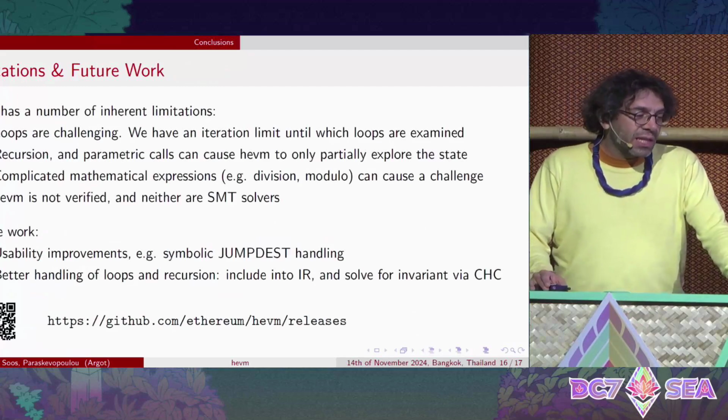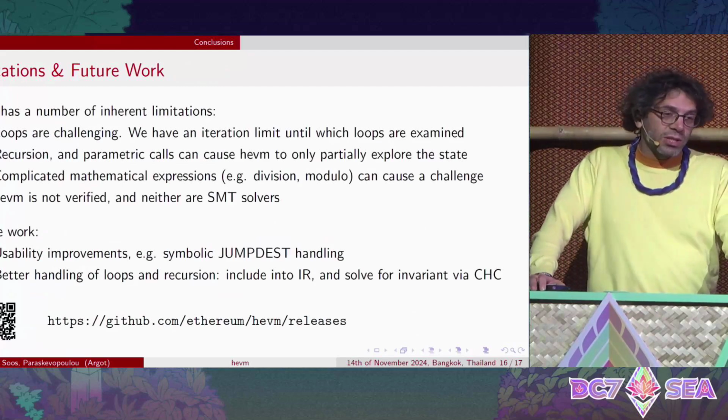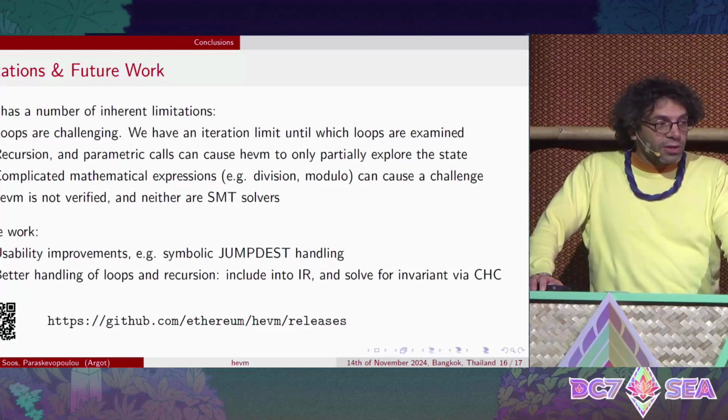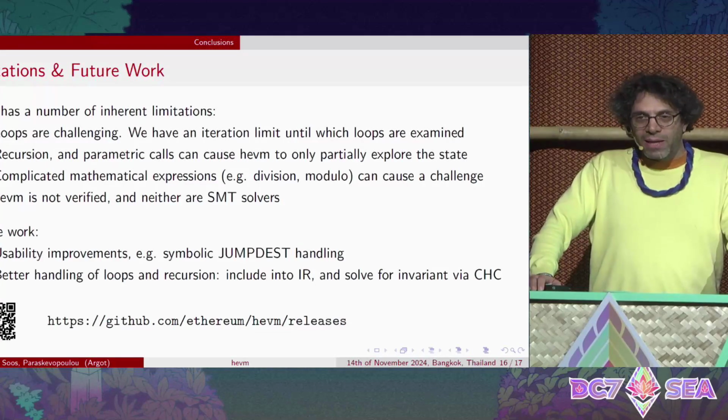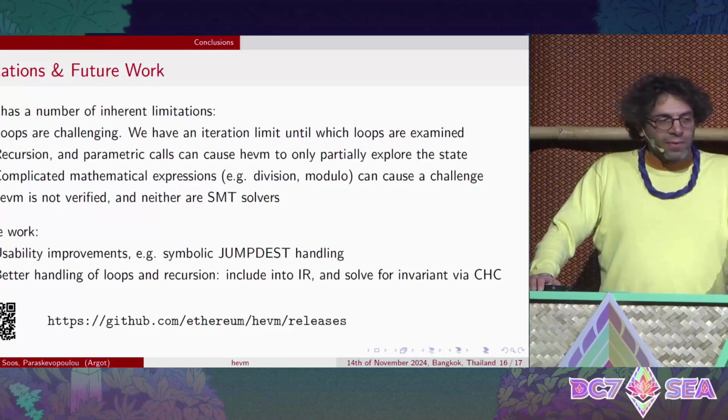So limitations, I think I've explained this before. There are issues with loops, there are issues with recursion, and there are some issues with complicated mathematical expressions like exponentiation, modulo division, things like that, purely because it's complicated on a 256-bit variable.